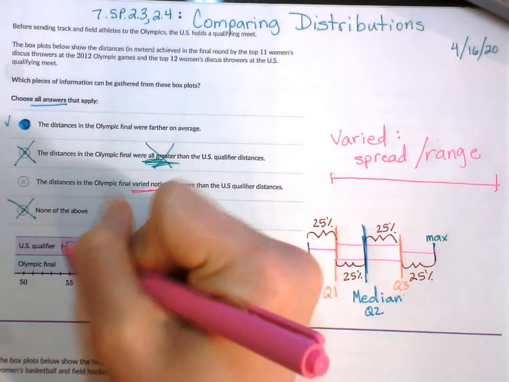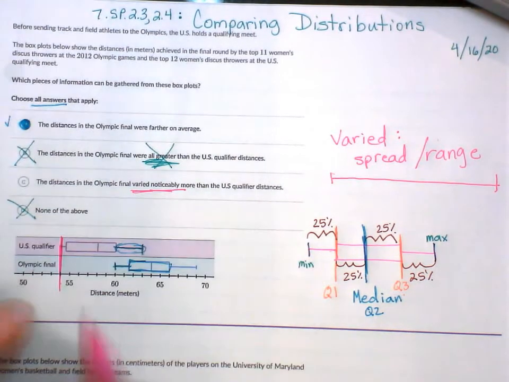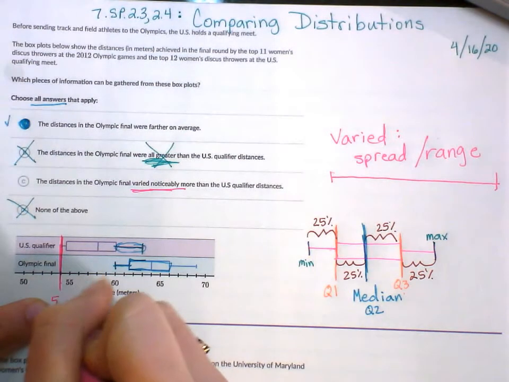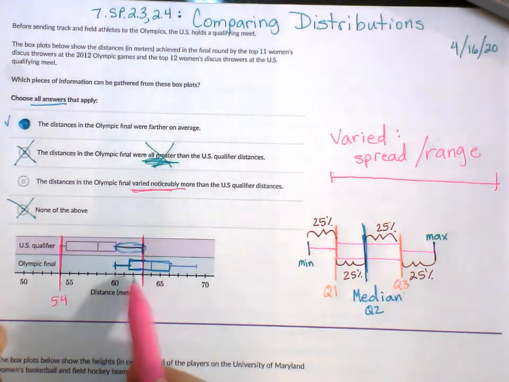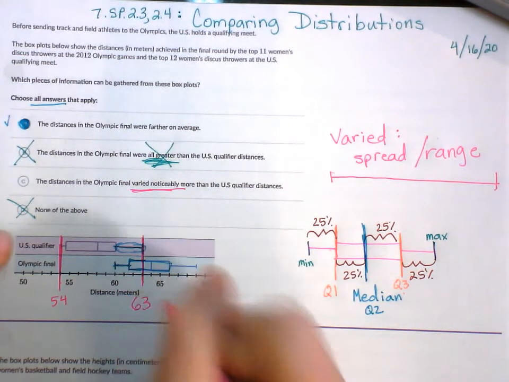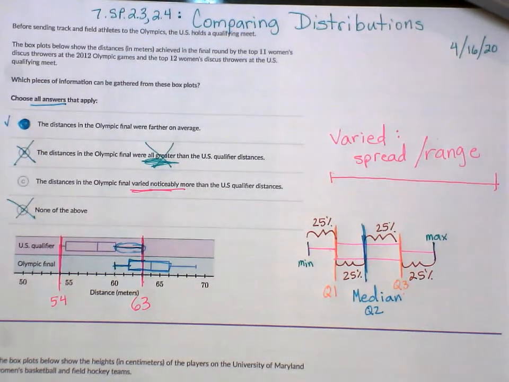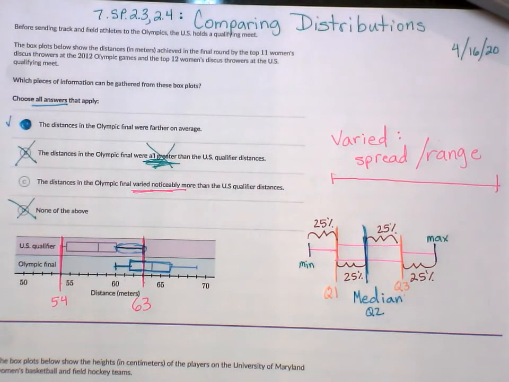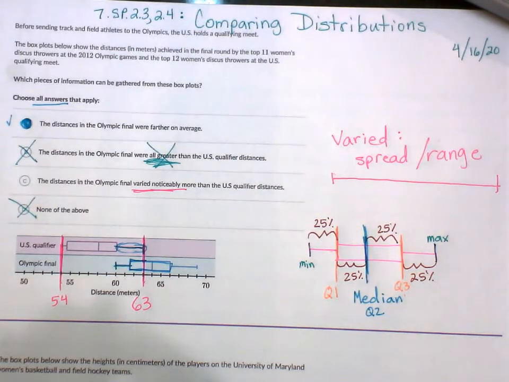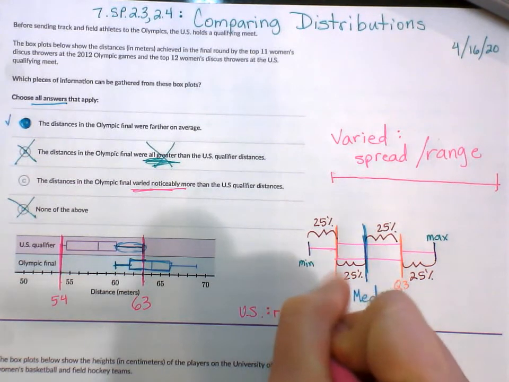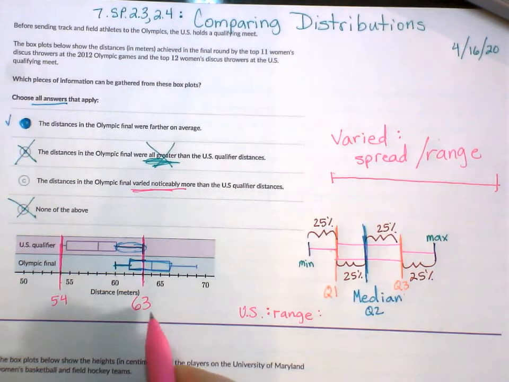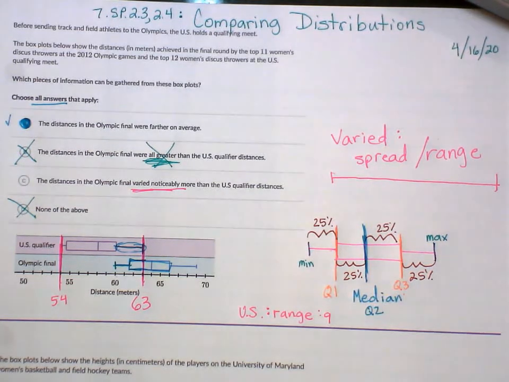Well, the US qualifier goes from 54, because the ticks are going by 1, to 60, 61, 62, 63. So the US qualifier goes from 54 to 63. How many is that? 55, 56, 57, 58, 59, 60, 61, 62, 63. That's 9. So the US qualifier has a spread or a range of 9, because 63 minus 54 is 9.